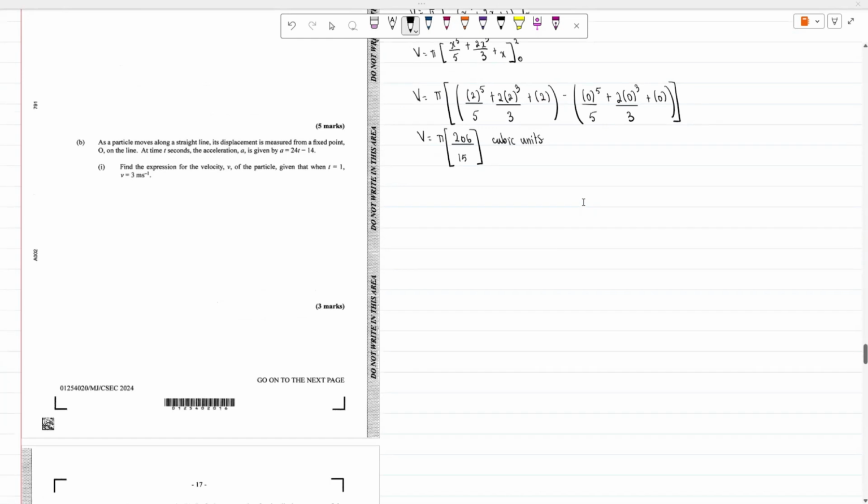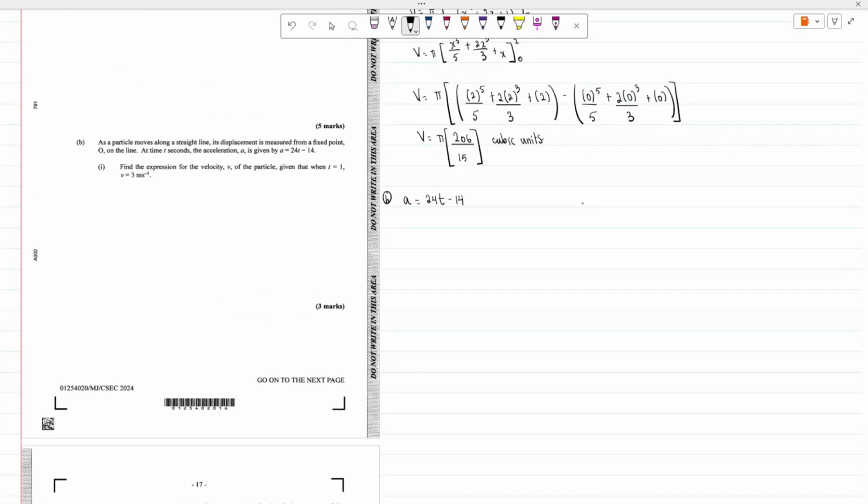All right, a particle moves along a straight line. As a particle moves along a straight line, its displacement is measured from a fixed point O on the line. At a time t seconds, the acceleration a is given as a is equal to 24t minus 14.